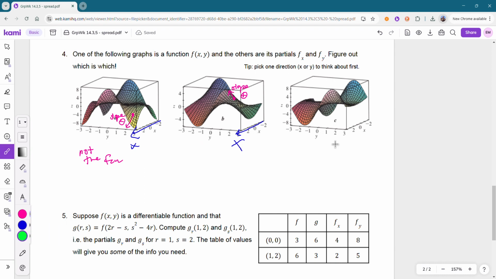So we're saying here, is this the function? If it is, then this would be the partial with respect to x, and this is the partial with respect to y. And so we can just test this out.